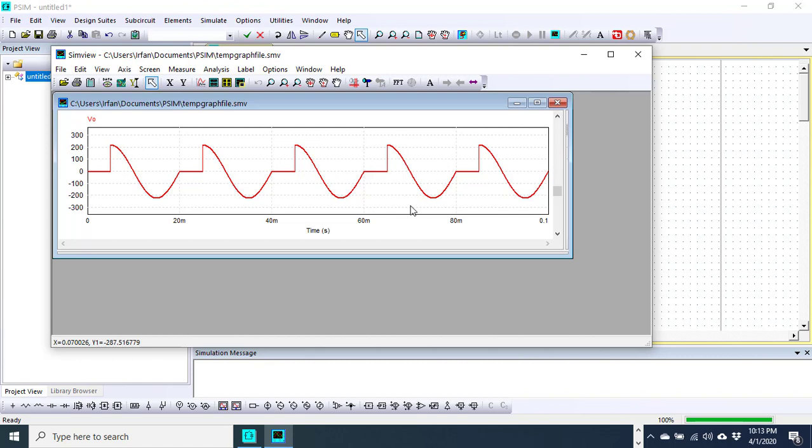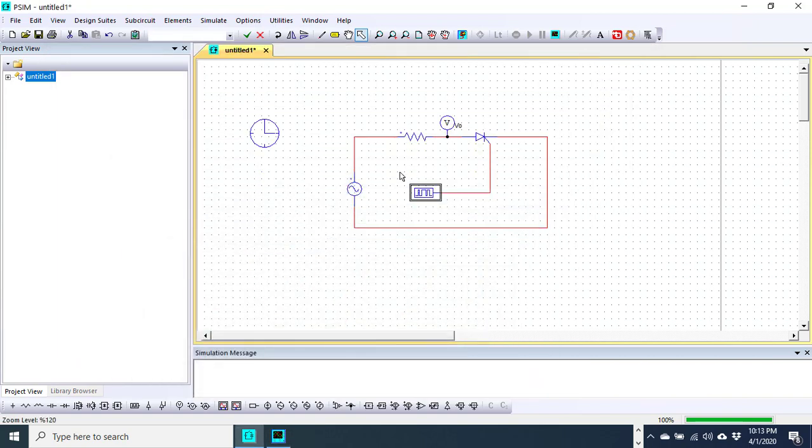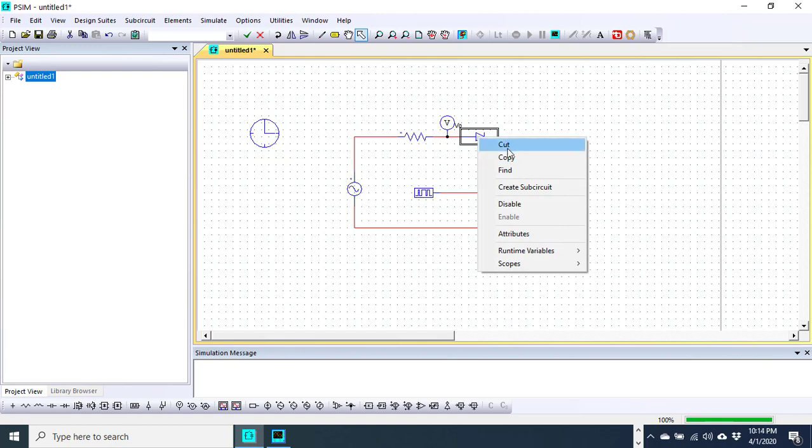These rectifiers are AC to DC converters. But if I need control of AC power, we need triacs. A triac is a device which can be used for controlling AC power.